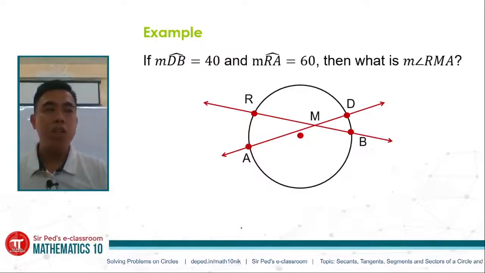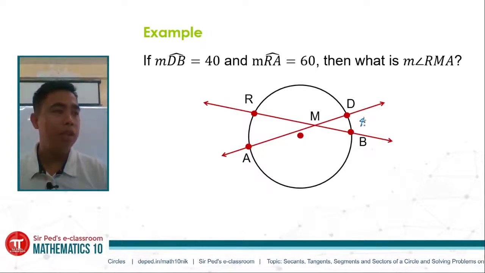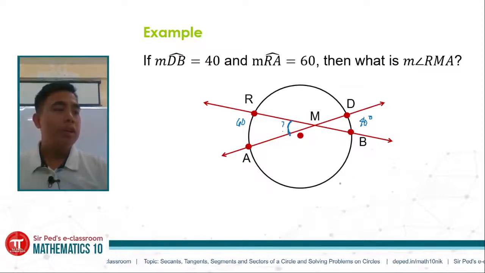If the measure of arc DB is equal to 40, and the measure of arc RA is equal to 60, then what is the measure of angle RMA? So RMA, this one. What is its measure?